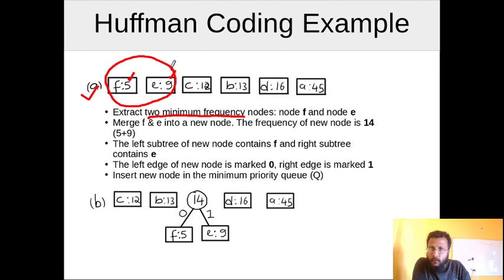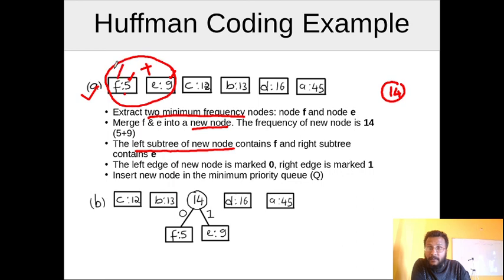So, I need to merge F and E and create a new node. The frequency of the new node would be 14, because I need to sum the frequencies of F and E. So, 9 plus 5 is 14. I have created a new node 14. The left subtree of the new node contains F, the first one that was extracted.